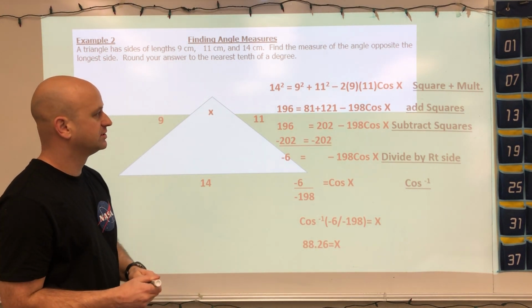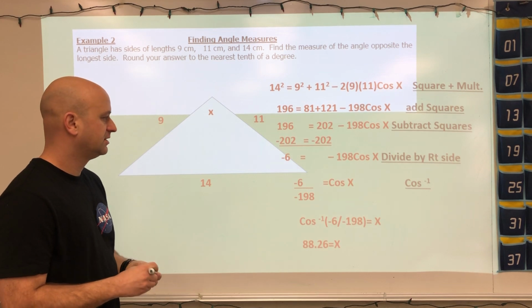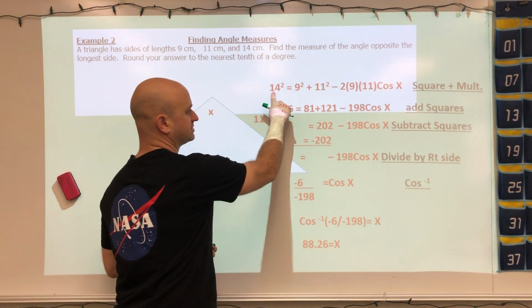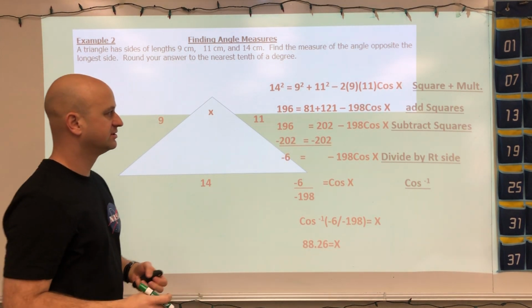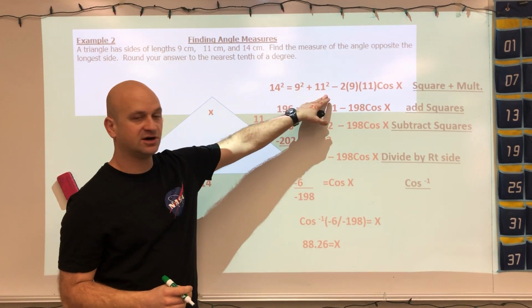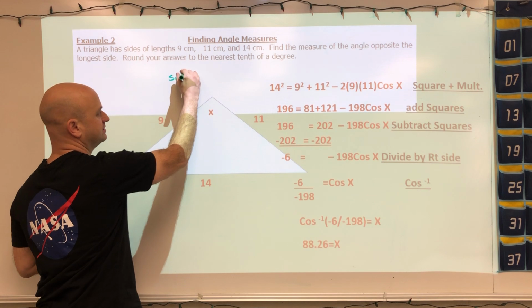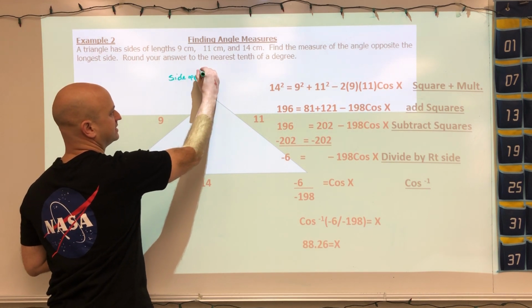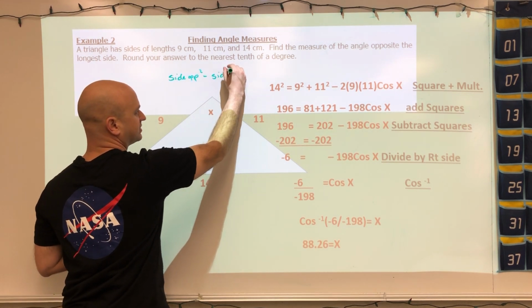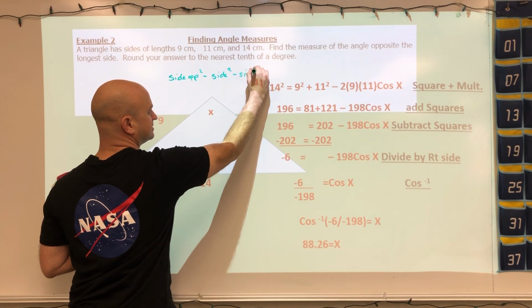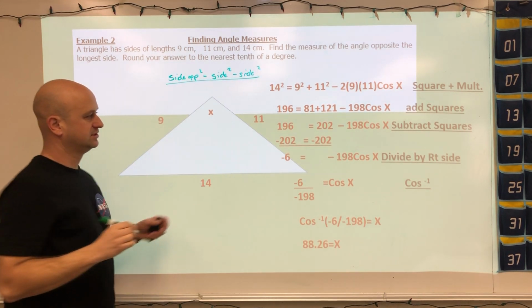So when we look at what happened here, the original value is here, and then we subtract off the other two sides. So the side opposite, squared, then we subtract the other two sides, squared, correct?